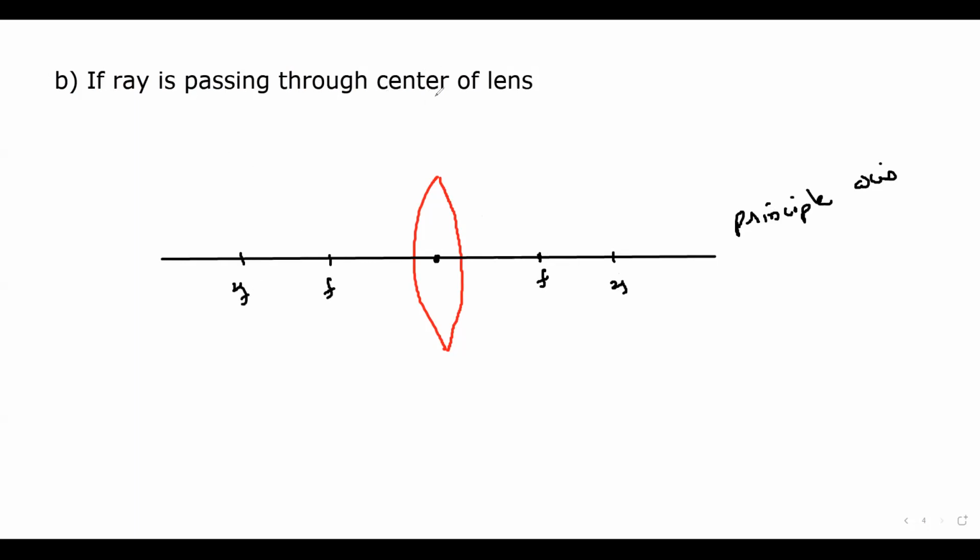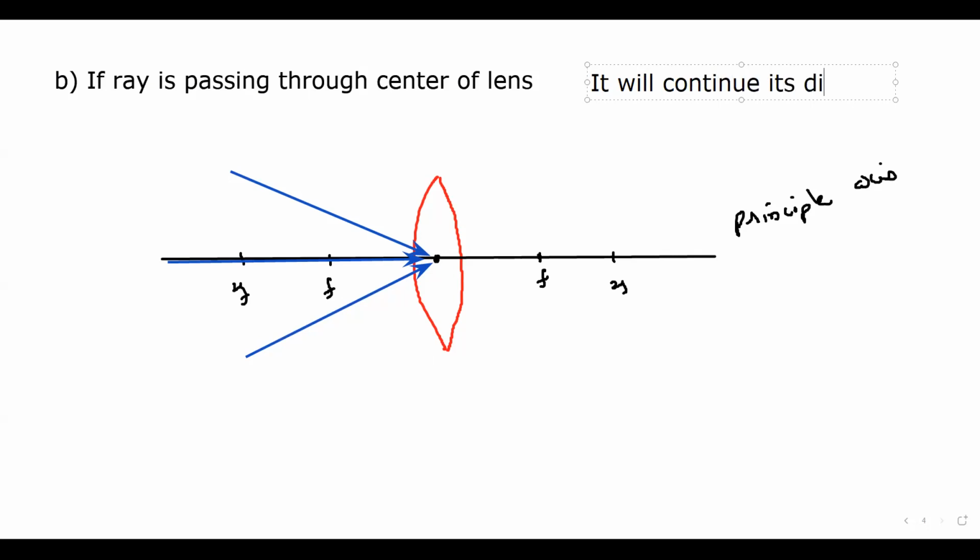So if the ray of the light is passing through the center of the lens, what will we observe? Like if any ray is passing here or it is passing same as the principal axis, what is the observation, what will we see? It will continue its direction.